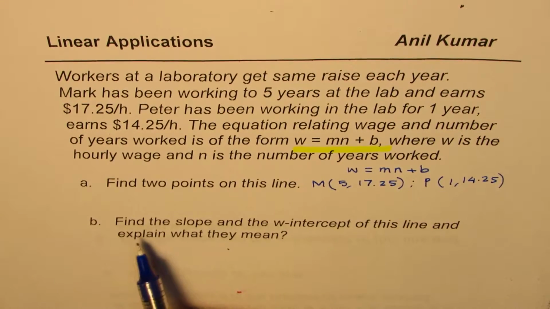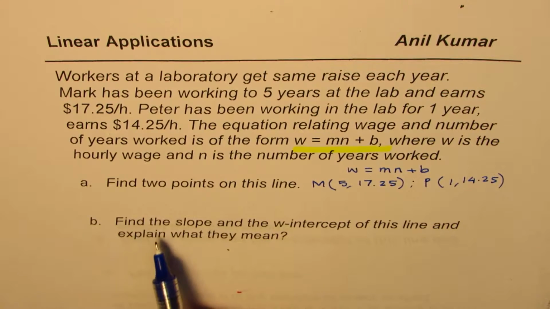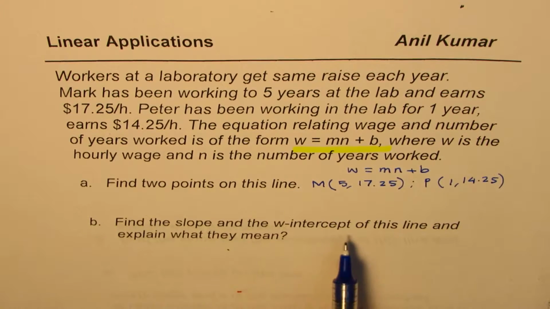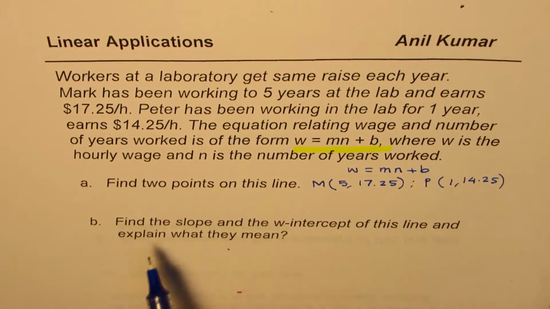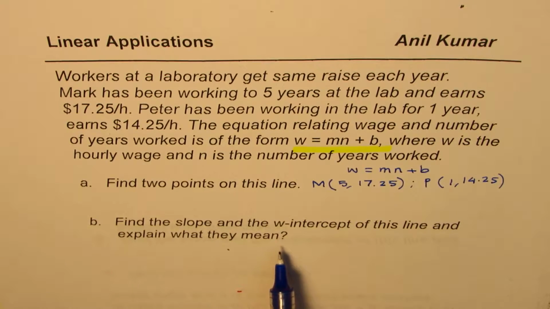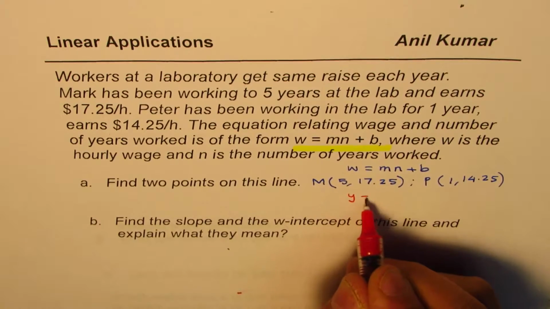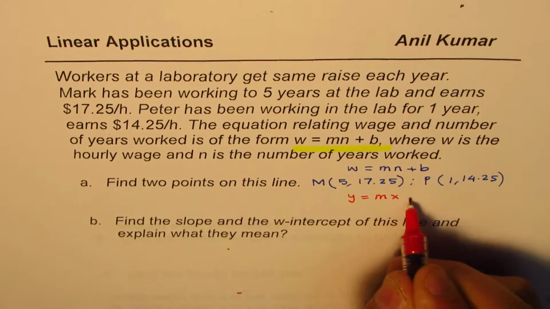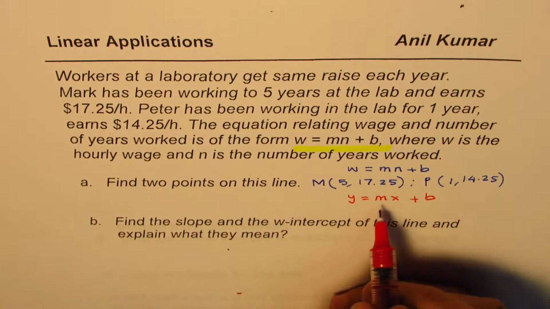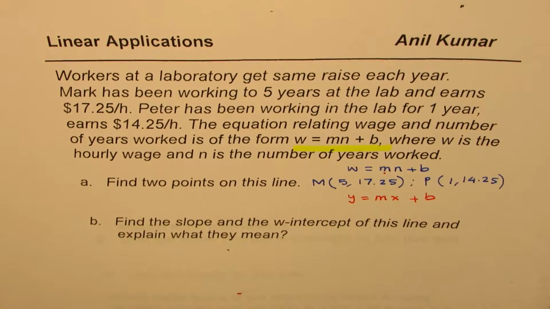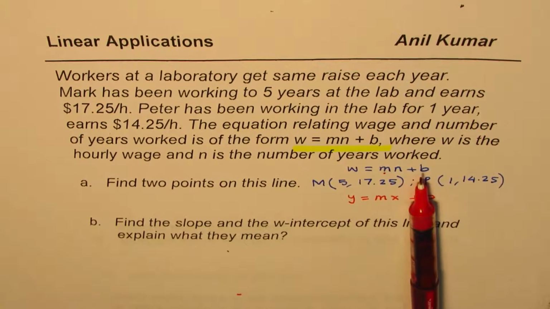Now the second part is find the slope and y-intercept of this line and explain what they mean. If you compare this equation with y equals mx plus b, the slope is m, and we also need to find b, the y-intercept.